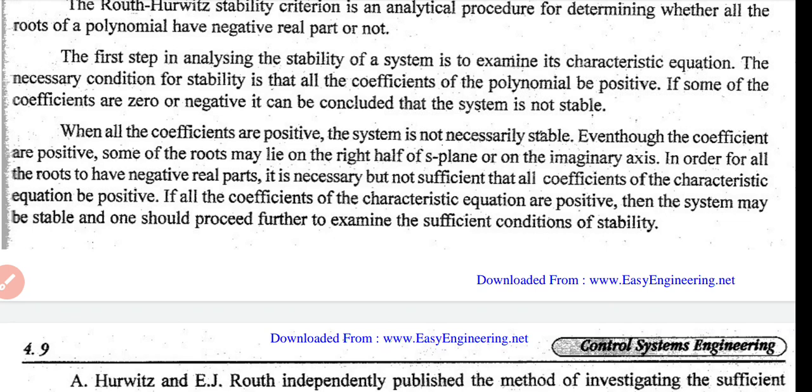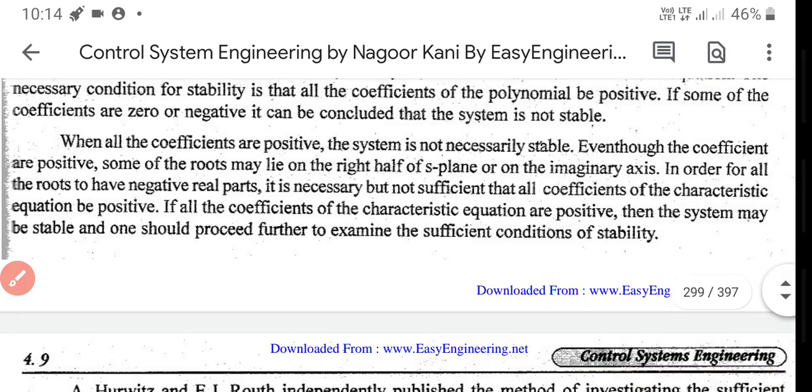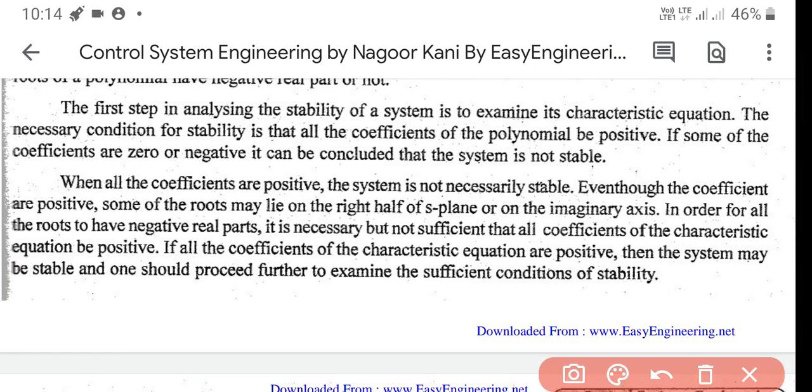Based upon the characteristic equation, you say whether the system is stable or not. If all the coefficients of the polynomial are positive, you are saying that the system is a stable system.